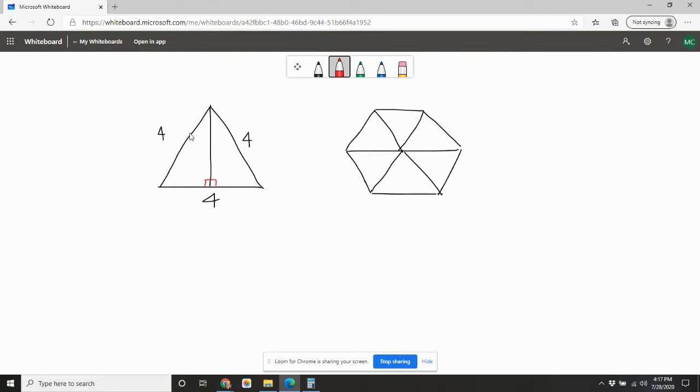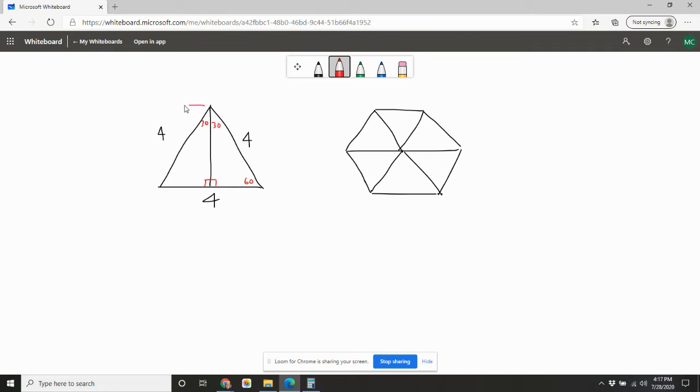By the way, these angles are 60, 60, and 60, adding up to 180. So cutting the angle in half exactly would make this a 30-degree angle here. We have a 90-degree angle here, and a 60-degree angle here. So now what we've done is created two 30, 60, 90 triangles.